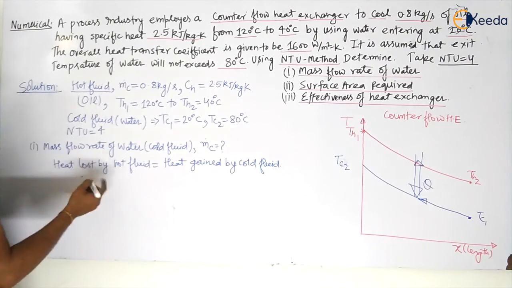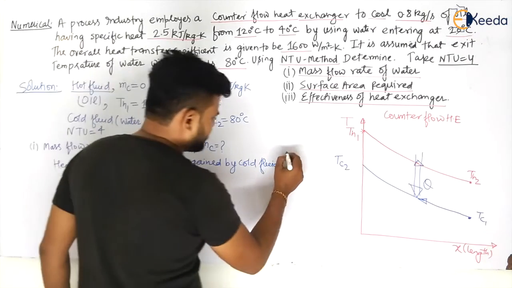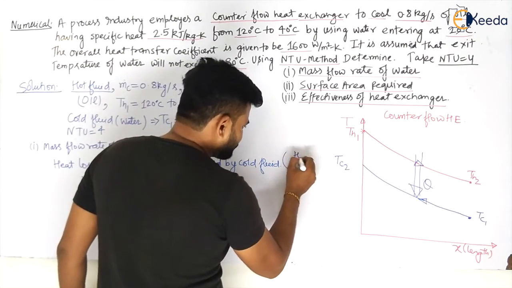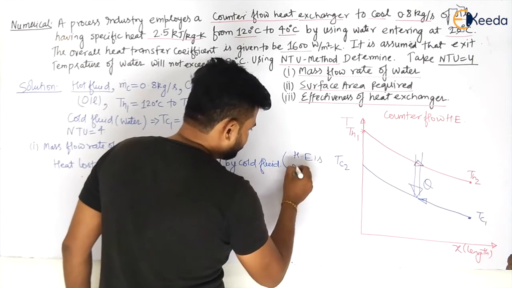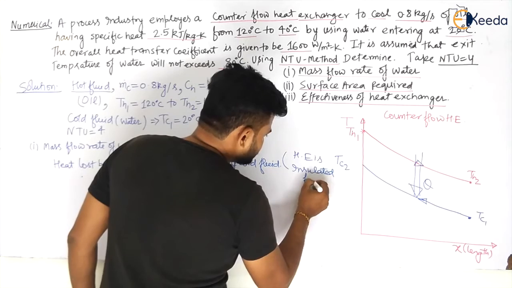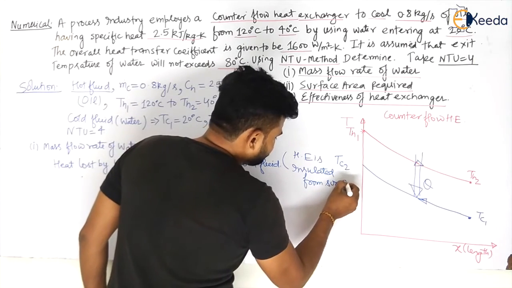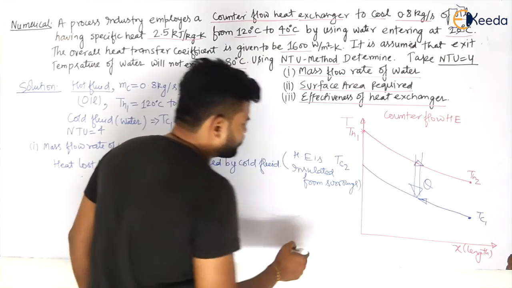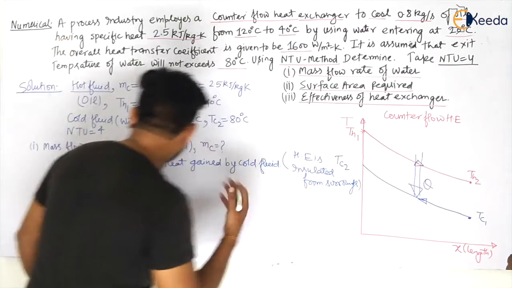Yes, sir. Because we have assumed that our heat exchanger is insulated from the surroundings. These small points will be very important for you, my dear students. That's why I'm mentioning them.